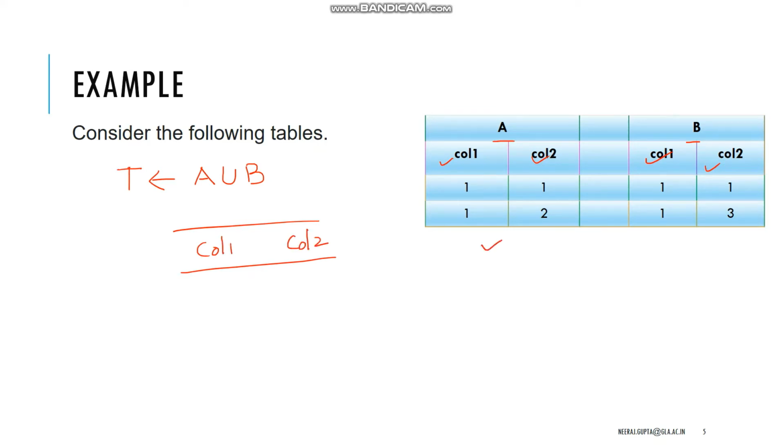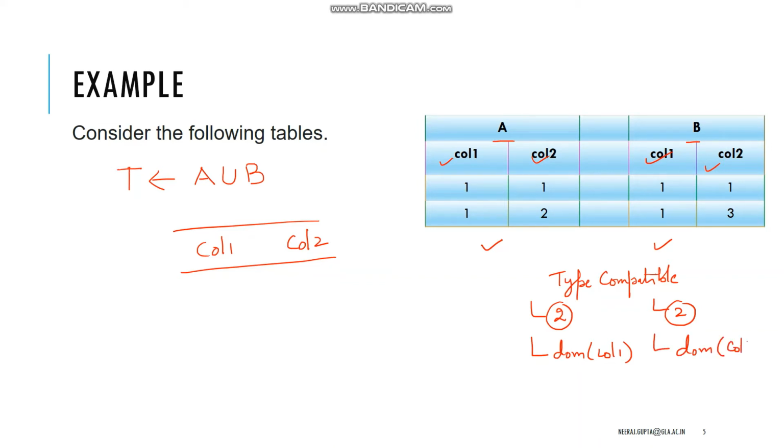As both tables are type compatible, the number of attributes in A is 2 and in B is also 2, and the domain of column 1 in A is equal to the domain of column 1 in B. So it satisfies the type compatibility.